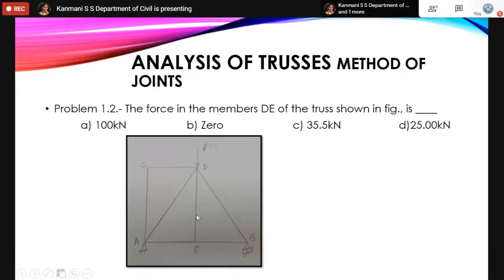So DE member has two joints, D and E. If D has a number of forces, then go to E. At E, you have only 3 forces joining at the point, wherein AE and EB are collinear to each other. Once they are collinear, the third member will be 0. So at joint E, the force in member DE is equal to 0. As simple as that. Read the question twice. The answer will be very simple.